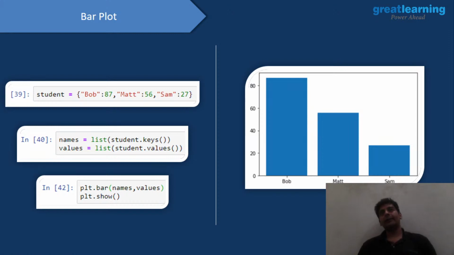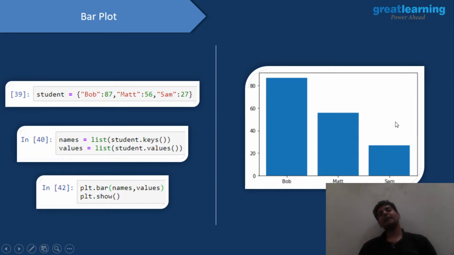What is categorical data? Categorical is where you have categories. So here, as you see, our categories are names of the students. So Bob is one category, Matt is another category, Sam is another category. And what we are trying to understand is which of the students has scored how many marks. This is basically a mark-wise comparison of these students.